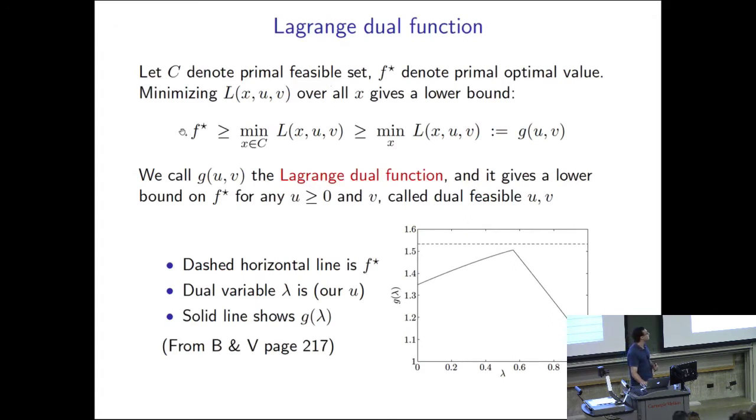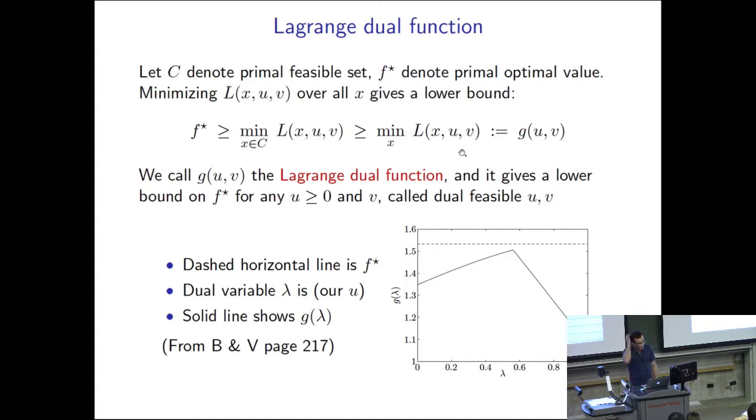The left-hand side is the minimum of f of x over x in C. That's f star by definition. The right-hand side is by definition the minimum over x in C of L(x,u,v). And the key part of the construction in Lagrange duality is that we can further lower bound this by removing the constraint on x in this minimization. This is bigger than or equal to the minimum over x of L(x,u,v).